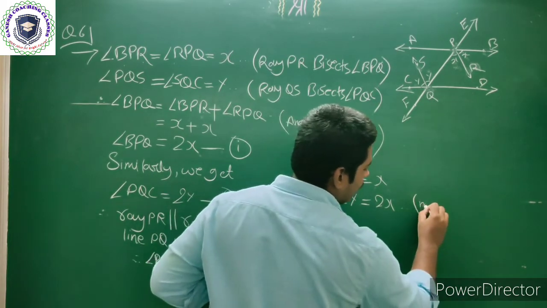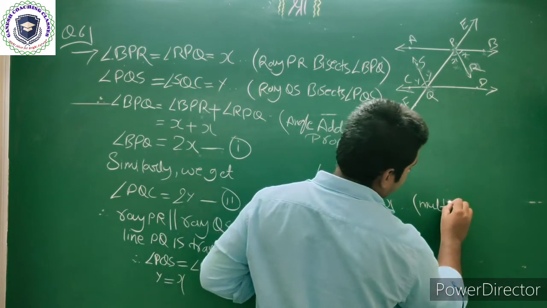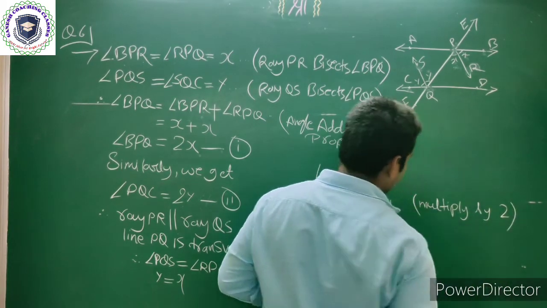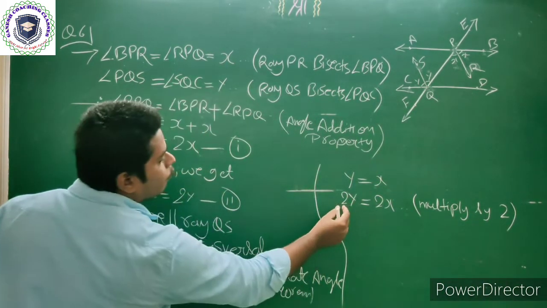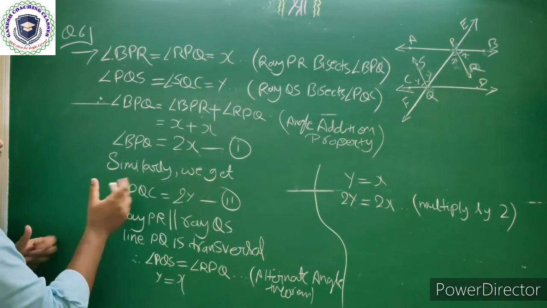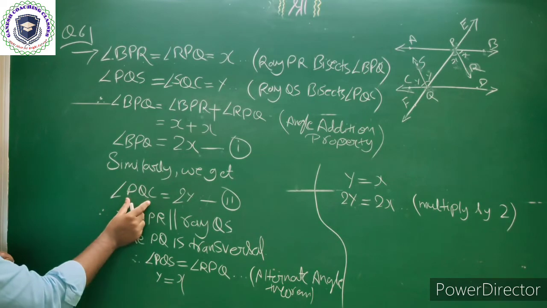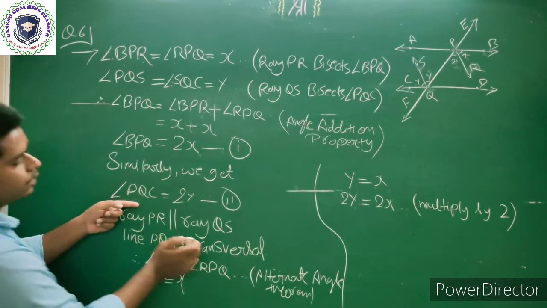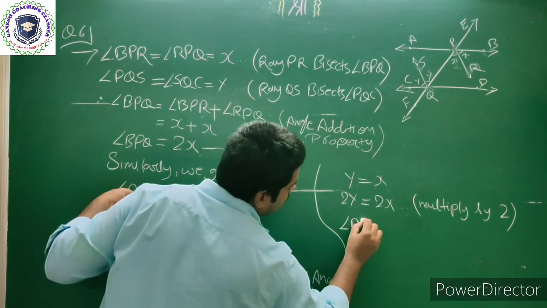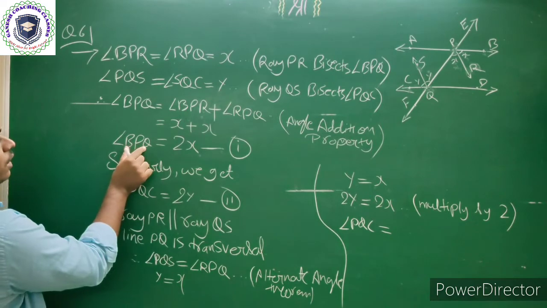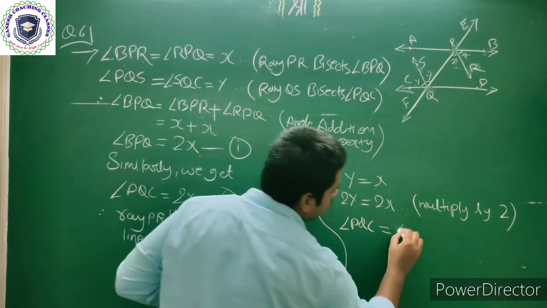Reason: multiply by 2. Which angle measure contains 2y? That is angle PQC. So in place of 2y we can write angle PQC, and in place of 2x we can write angle BPQ.